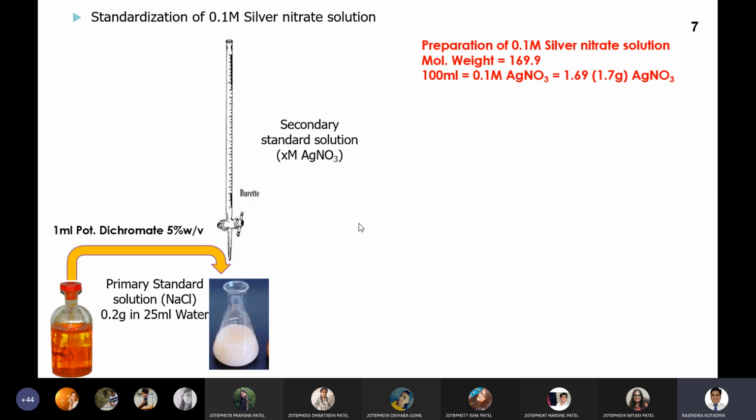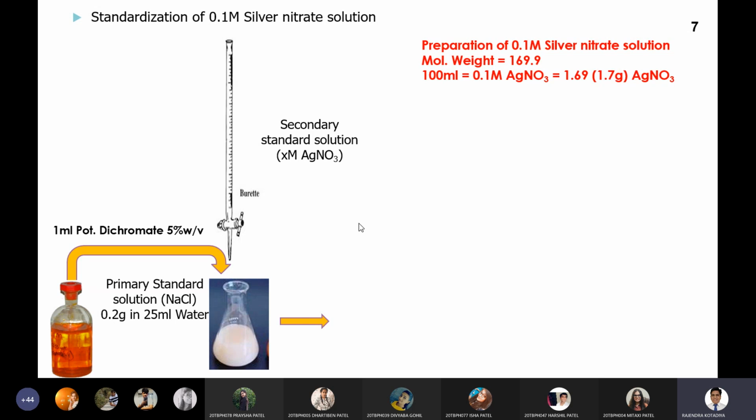The NaCl will react with silver nitrate, AgNO3 plus NaCl will react, and there is formation of AgCl precipitate in the conical flask.